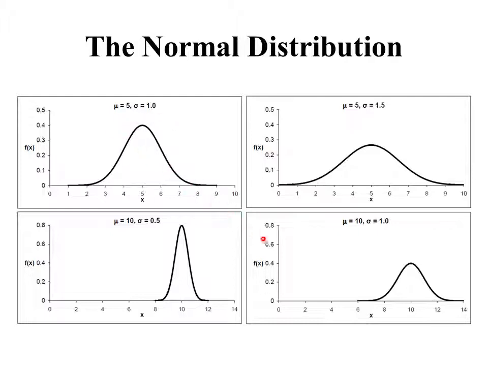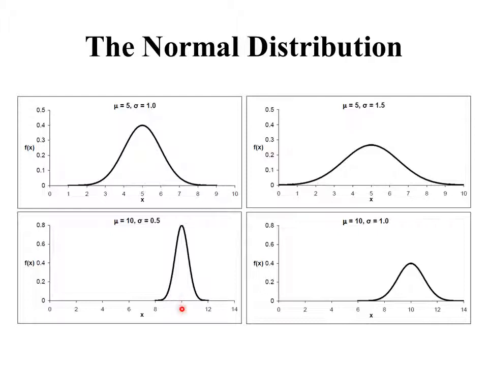If you look at these two bell curves right here, they both have standard deviation of 1 and they're fairly wide. This one here has a standard deviation of 1.5. It's a much wider bell curve. This one here has a standard deviation of 0.5. It's much taller and narrower.